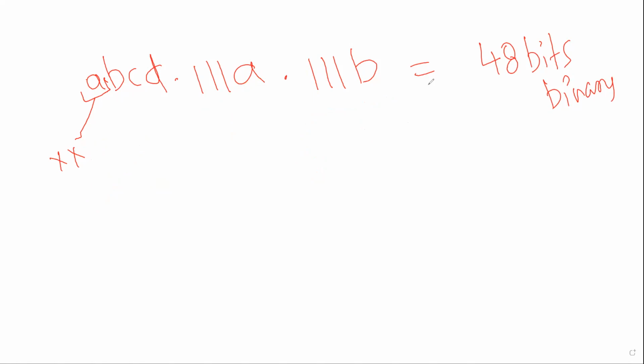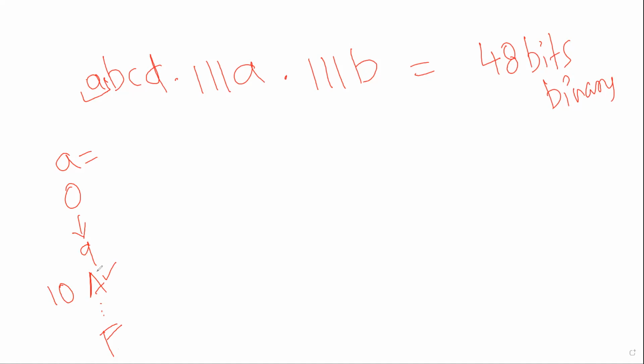So now, what could be the binary value of A, B, C, D? For A, we said 0 until 9, then A, then until F. After 9 comes A, which is equivalent to 10.